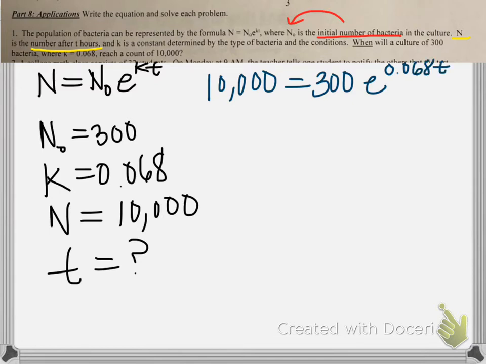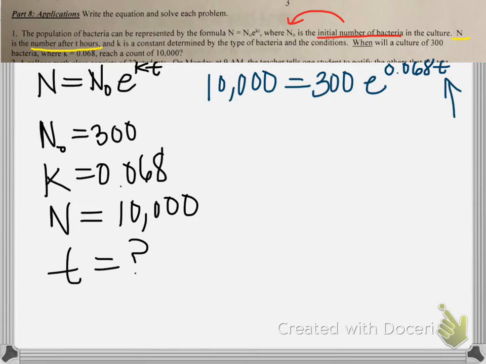All right, so here we want to isolate this t. We want to leave t by itself, right? And then that's going to be the answer, time in years. So we don't know that. How are we going to isolate t?